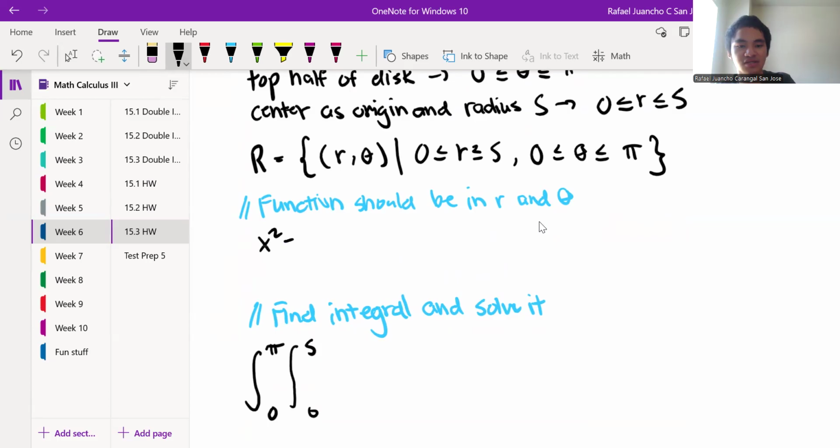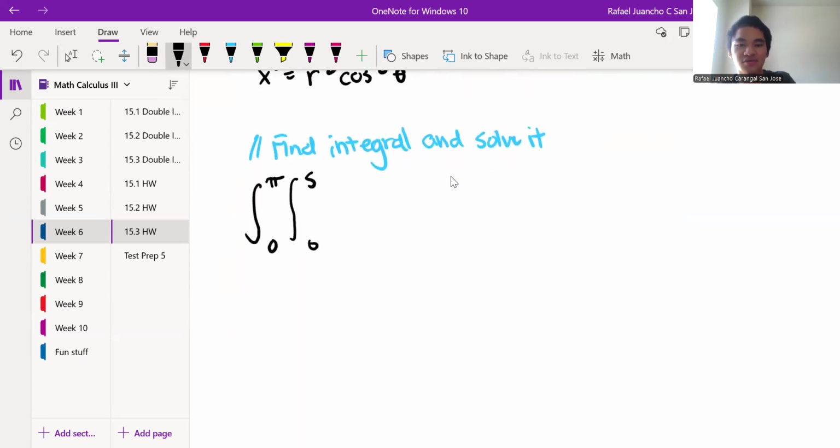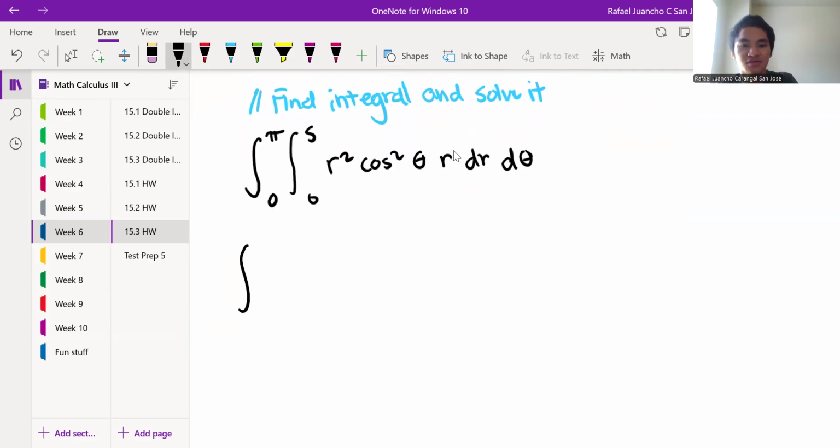So x squared in this case is r squared cosine squared theta. And so this is going to be r squared cosine squared theta r dr d theta. And then we start solving it.